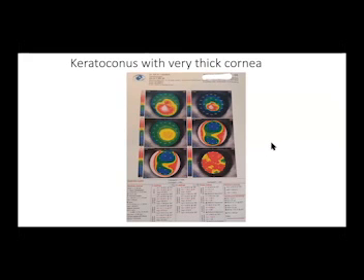Here I present a case of very thick epithelium in keratoconus. When we do cross-linking and measure only the total pachymetry, we don't know how much stroma we have. If we have 65 microns of epithelium, the calculation of the stroma thickness will be wrong for cross-linking and for choosing the right protocol.